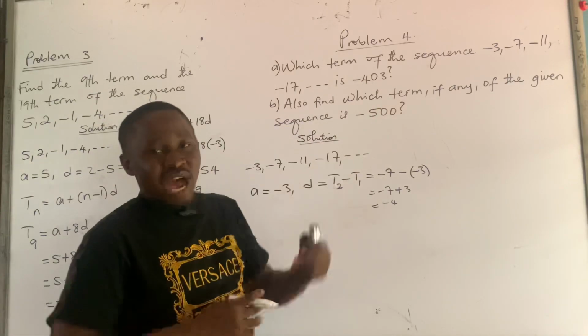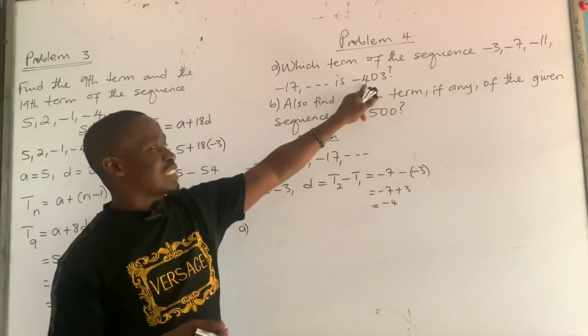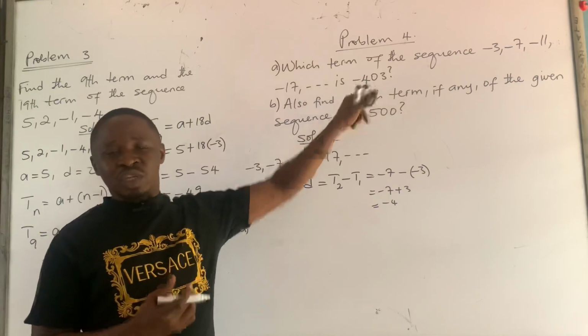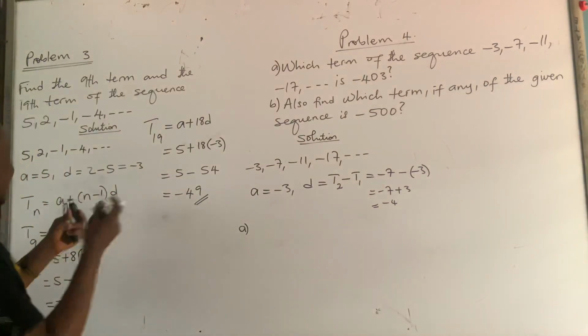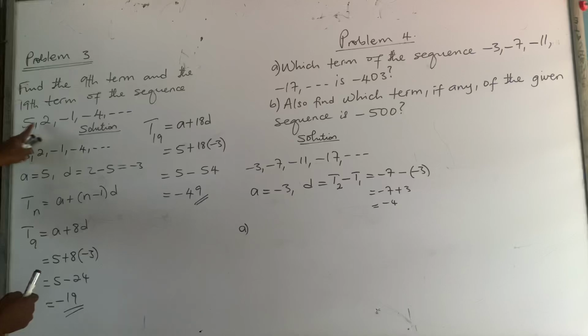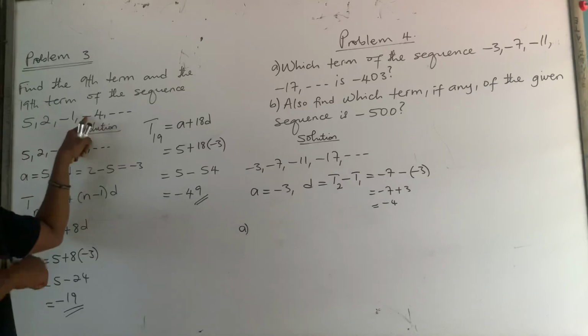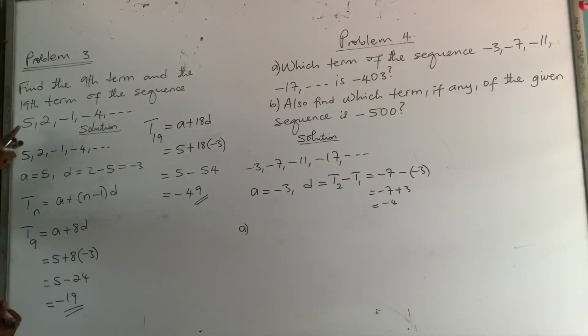Since for now we cannot tell the position of this term, what do we do? For example, let us say we are given 1, 2, 3, 4 with terms unknown here. We can simply say this is the first term, this is the second term, the third term, the fourth term. So what if someone asks you which term is minus 1? Well, I can say minus 1 is the third term because it is the third value given.